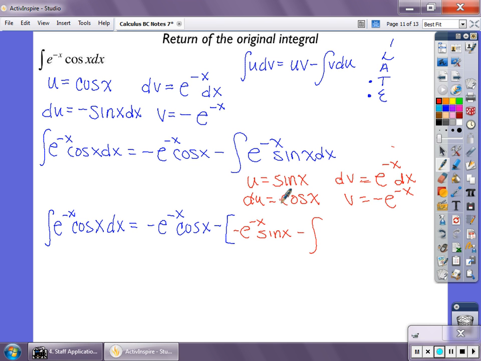Now it's going to be a negative here. Negative times a positive is a negative, so we'll switch the signs, and this becomes e to the negative x cosine x dx. And I forgot my dx right there.